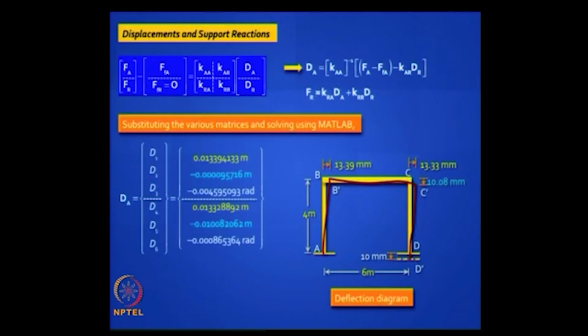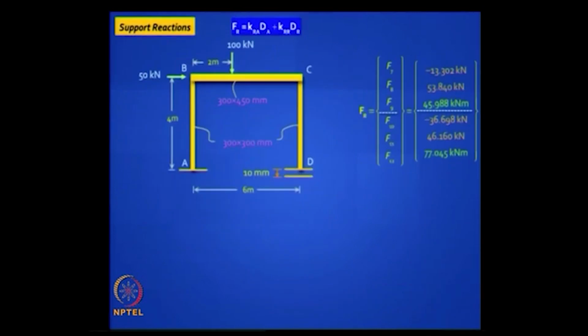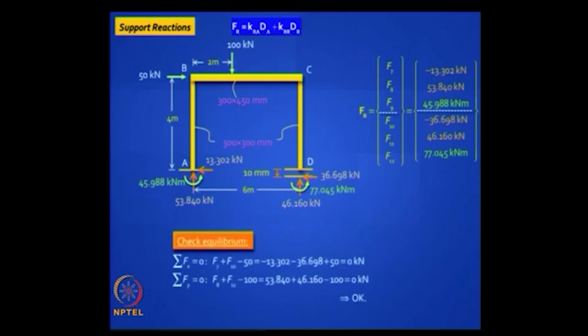Then your next step is to get the support reactions, which you can get by solving that equation, and you plug in those values and see whether it makes sense, see especially whether you are satisfying equilibrium. So that check you can do, you need to do many checks including the moment equilibrium check, but at the very least you can add up the forces in the vertical and horizontal direction, it should all add up to 0.